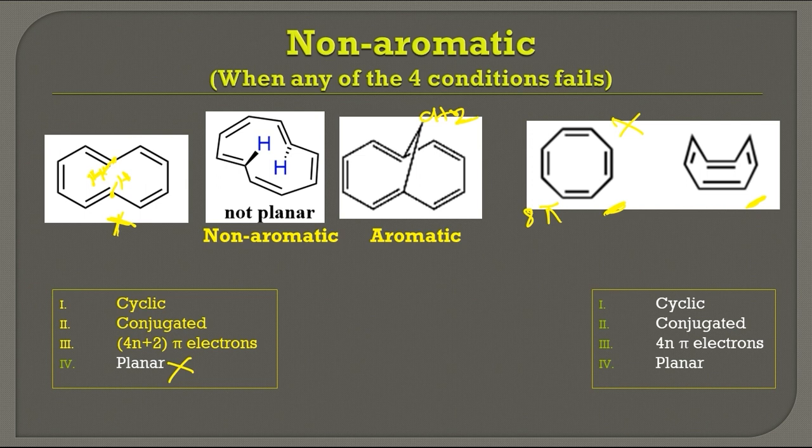So to escape this anti-aromaticity, or better to say, to escape this unstable condition, it will convert to this tub shape. So now it is no longer planar. So only the first three conditions are fulfilled, this one is not fulfilled. So that is the reason, again it is non-aromatic.